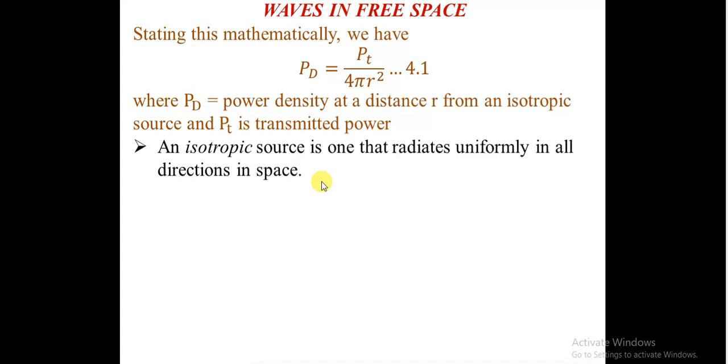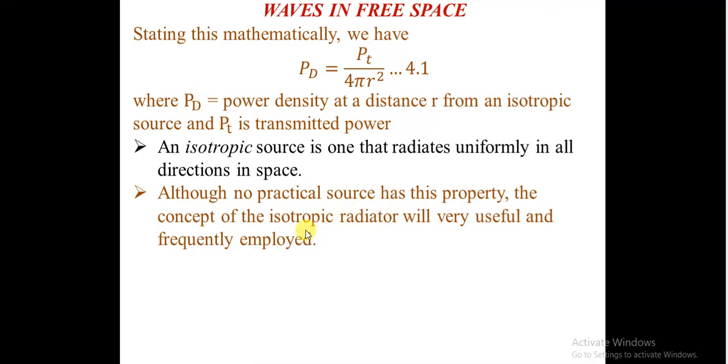So what is the meaning of an isotropic source? An isotropic source is a source which radiates its energy uniformly in all directions in space. Although no practical source has this property, the concept of the isotropic radiator is very useful in calculating various power relations, beamwidth, etc., and it is frequently employed.